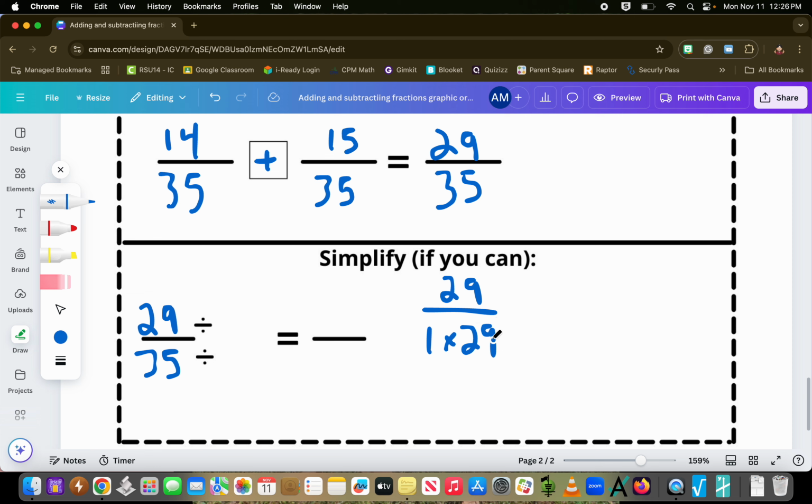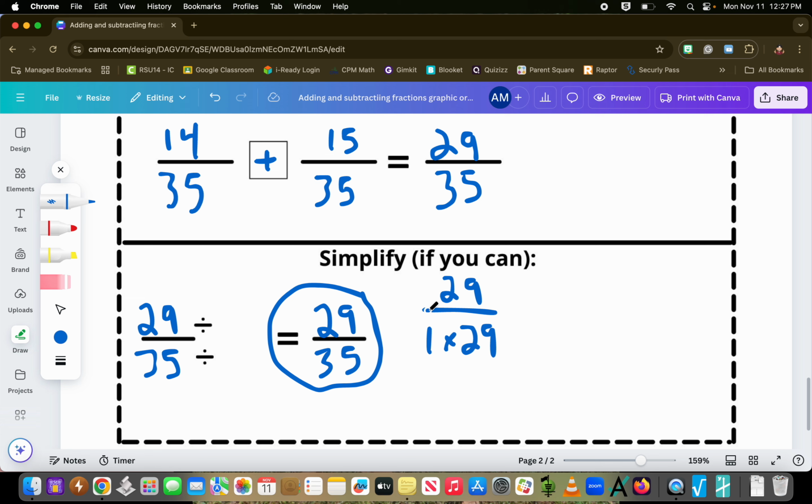So I know that the only two factors for 29, there's nothing else that multiplied together would equal this, that I don't need to go through my factors of 35 because the only thing that they're going to share is 1. And since 1's the only one that they're going to share, it's not going to change how we reduce. So our final answer, in this case, of what was originally 2/5 plus 3/7 would be solved to be 29 over 35.